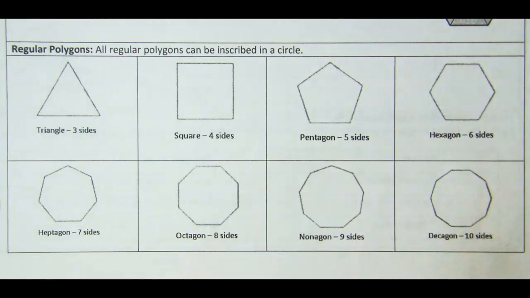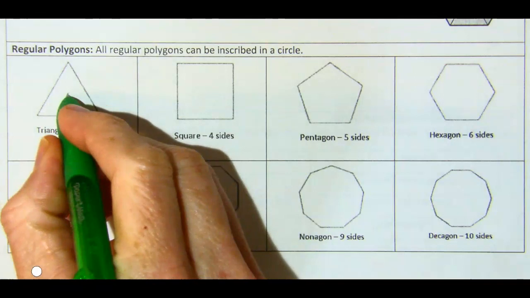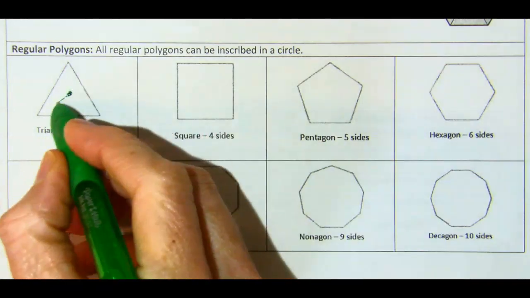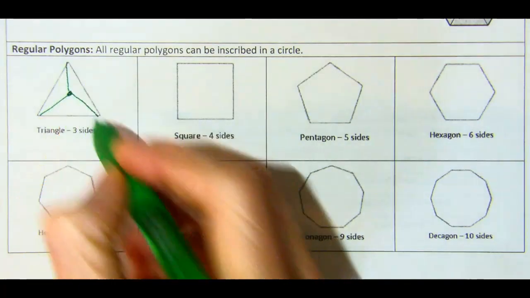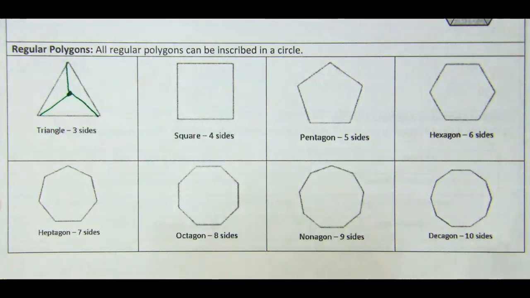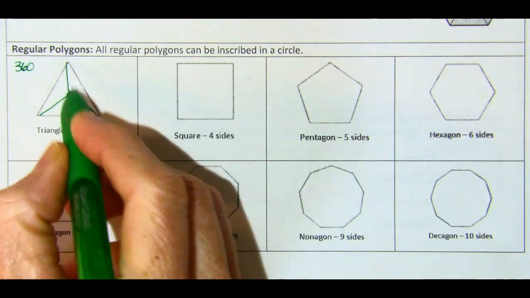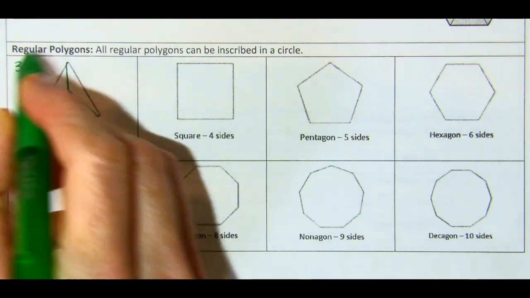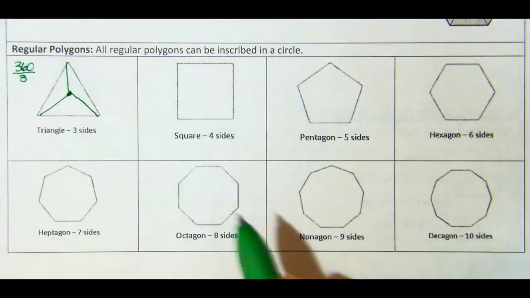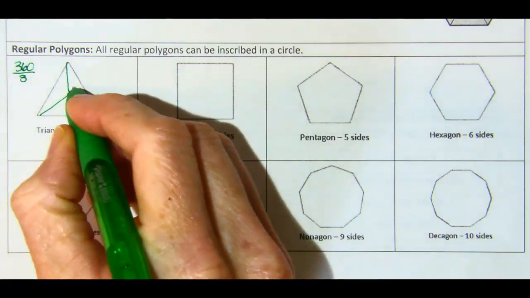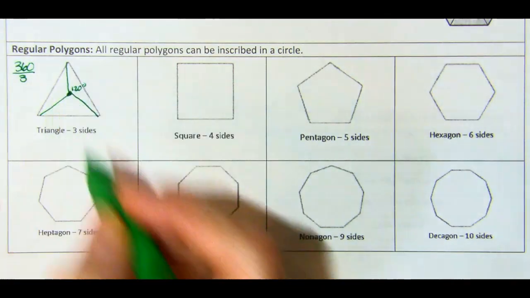So please remember, all regular polygons can be inscribed in a circle. So for a triangle, you will have the center here. You will have 1, 2, 3 sectors. If there's 360 degrees in that circle, then each sector, which will make this angle, will be divided by 3. So this is going to be 120 degrees 3 times.